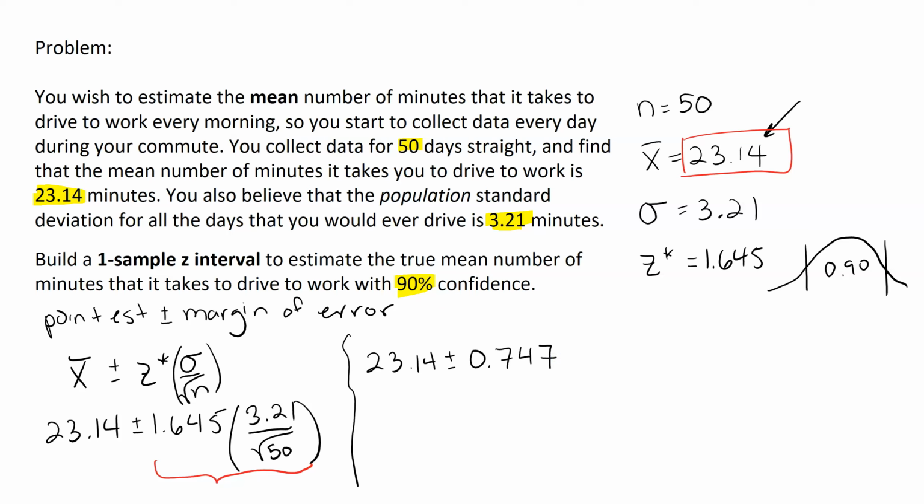And finally, since we have the point estimate and margin of error, we can now calculate the actual lower and upper bound. So we'll just do the minus version and the plus version. If we take 23.14 minus 0.747, we get 22.393. And then if we find the upper bound, 23.14 plus 0.747, we get 23.887.